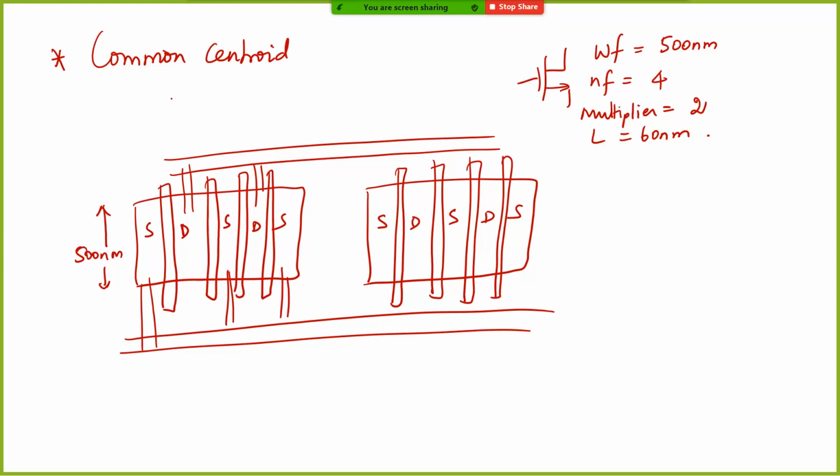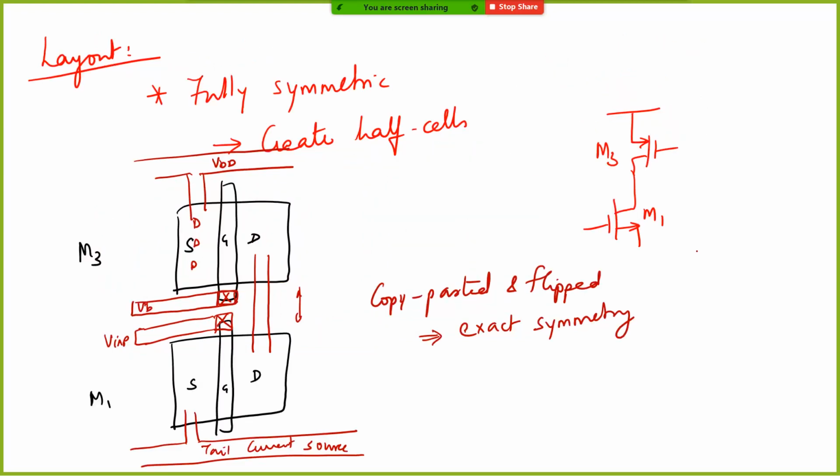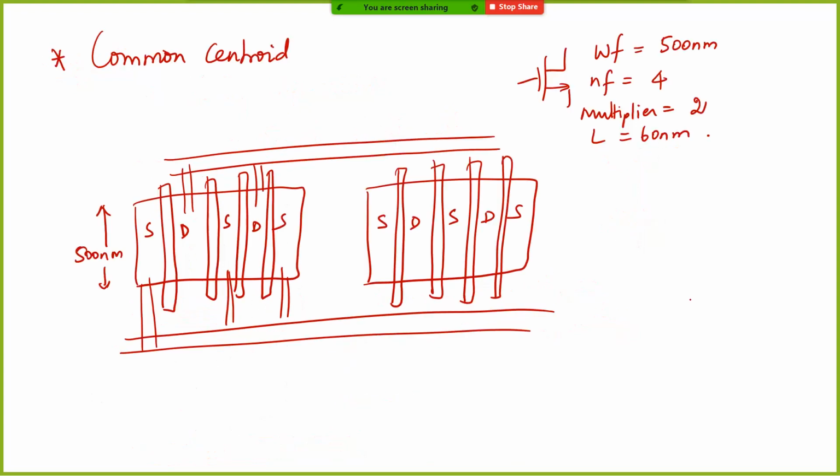Now, when you say common centroid, when I did only this, there is absolutely no problem, because of course you put the negative side thing here, and then you're done. Whereas when you have something like this, you remember that you have the ABBA rule, or if you have a two-dimensional gradient cancellation, you do it like that.